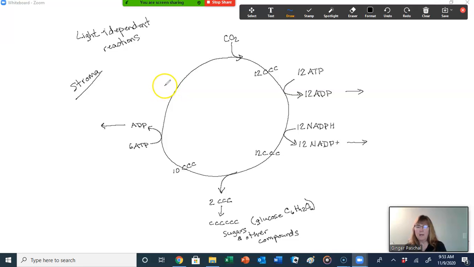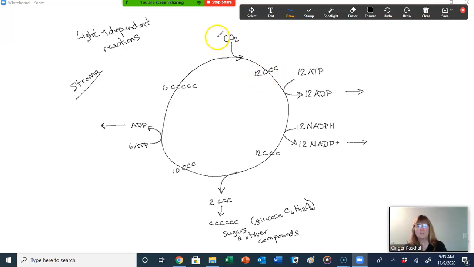When we do this, we now have 6 molecules, but each molecule has 1, 2, 3, 4, 5 carbons. And those 6 5-carbon molecules will again combine with CO2. And that CO2 will then make 12.